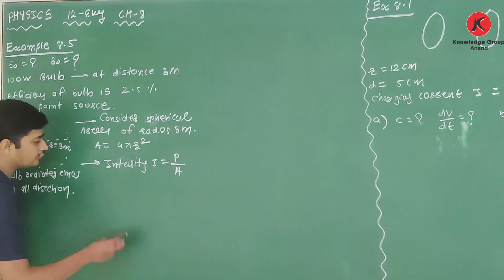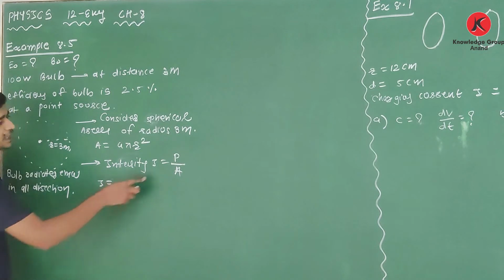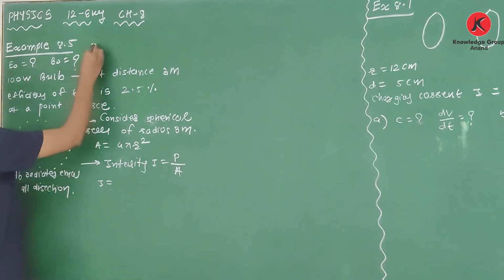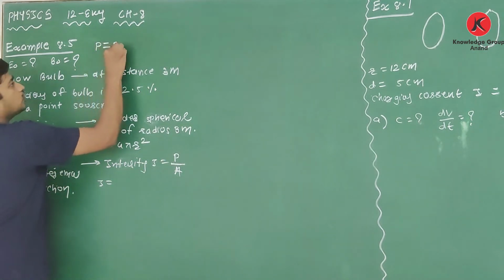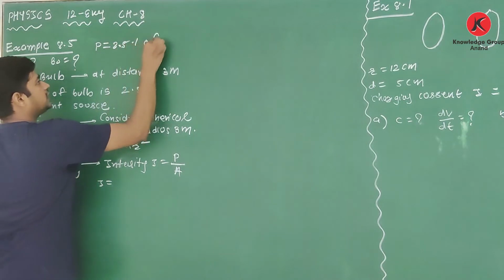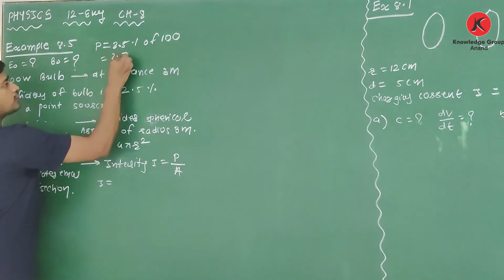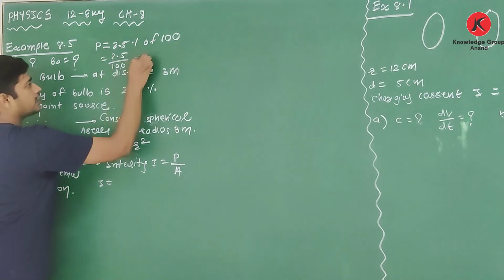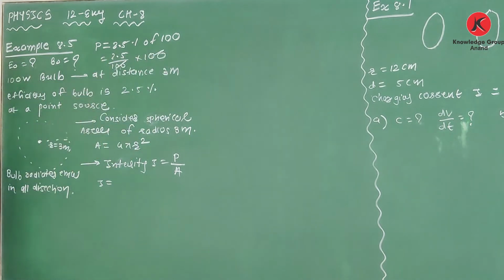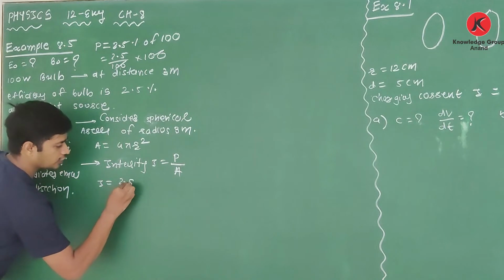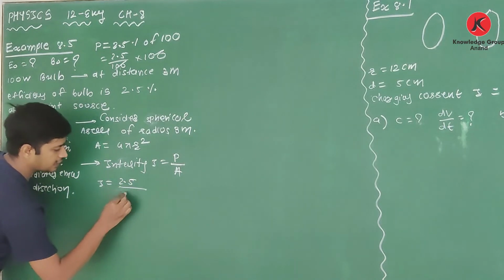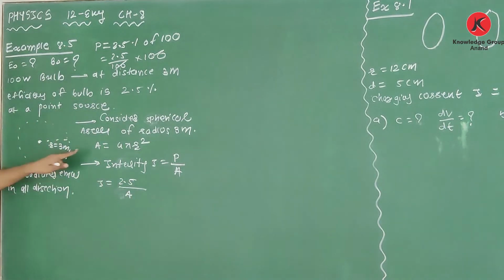It means P is equal to 2.5% of 100 watt, which is 2.5 divided by 100 into 100. So 100 cancels out, and it is only 2.5. So it is 2.5 divided by its area, which you have to find from this. Simple? Yes. So you have to find intensity.